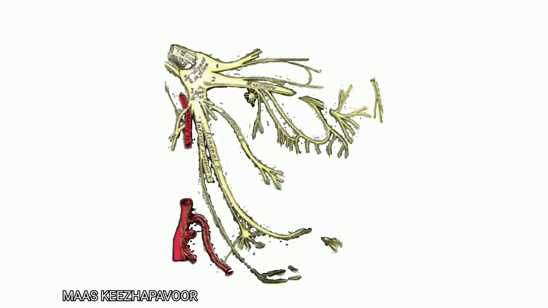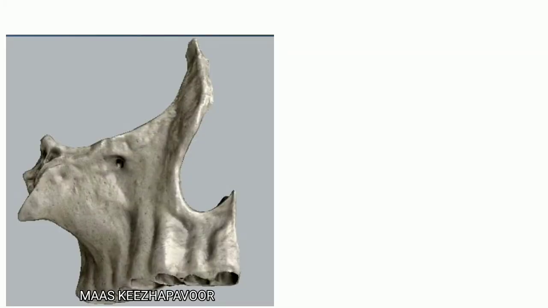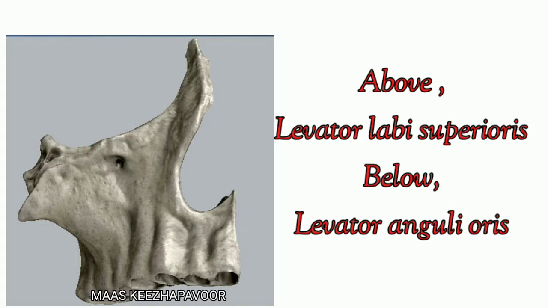Yes, it is the terminal part of the maxillary nerve. Remember the muscles above and below the infraorbital foramen. Above the foramen is the levator labii superioris muscle, and below the foramen is the levator anguli oris muscle.